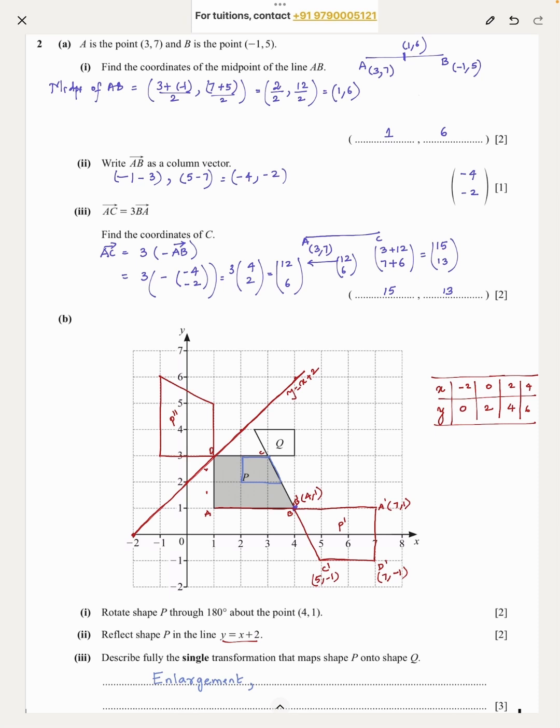Now look at the sides. This side, the corresponding sides. P was two boxes, means Q has become one box. So I could see that in all the sides. So enlargement is minus half, because I said it has shrunk. Instead of using the word shrunk, I am writing it as enlargement, but I'm putting a negative factor.